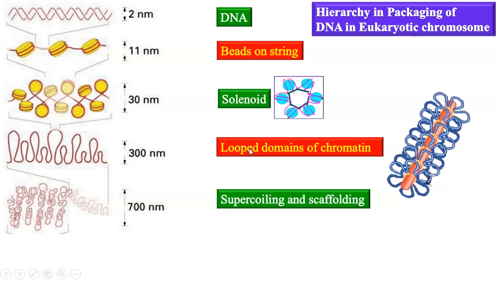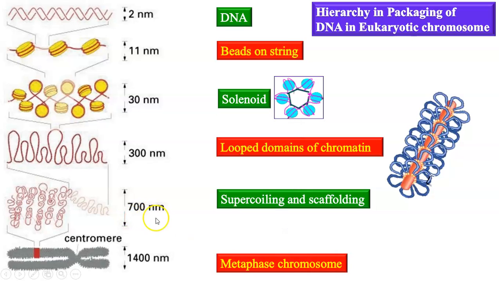Once the DNA or the chromosome undergoes condensation, then supercoiling and scaffolding with non-histone protein occurs, and this arrangement further becomes compact, with a thickness of 700. On further condensation of proteins, the metaphase chromosome has a thickness of 1400 nanometers. So this is the kind of hierarchy we find in the packaging of DNA in the eukaryotic nucleus.